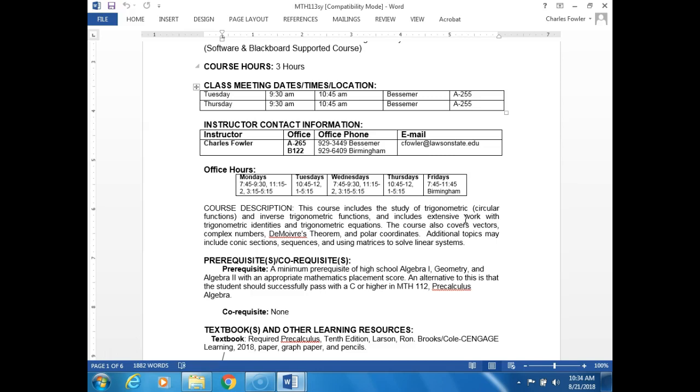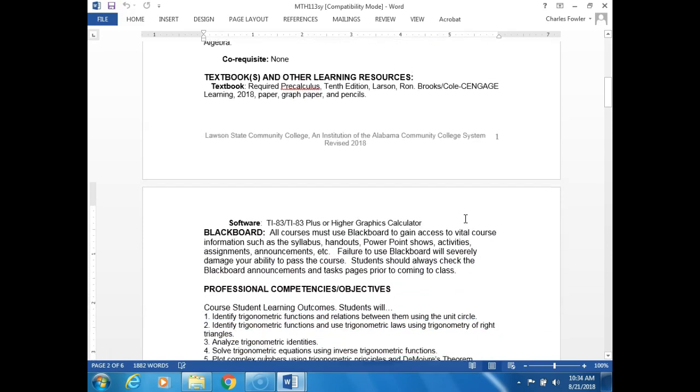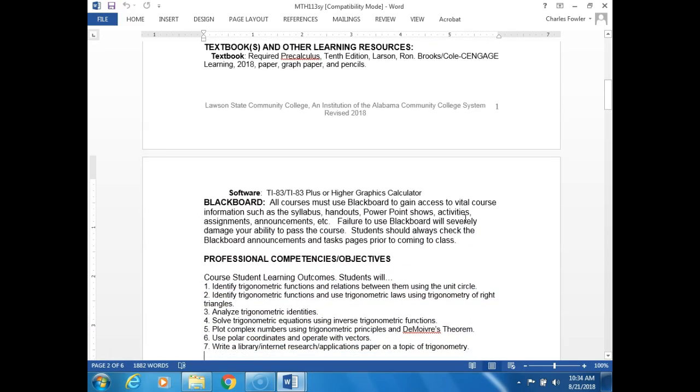So here's the textbook. Let me scroll this up so it's easier for you to read. The name of it is Pre-Calculus, 10th edition. It's a Brooks Cole Cengage book, and I'm going to talk about that in just a minute.